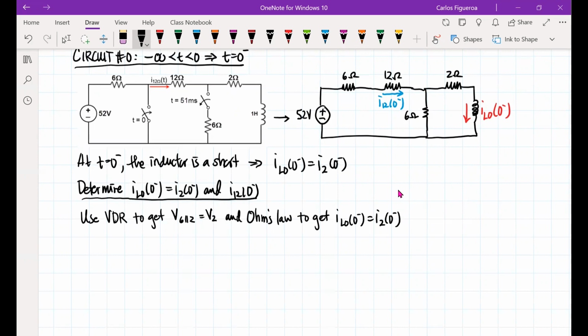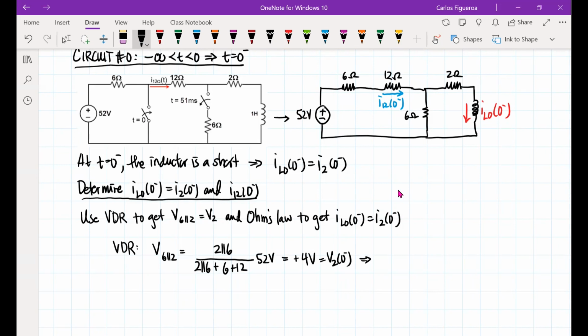So here we go. The first thing we're going to do is VDR, which tells me that the voltage between the 6 and the 2 in parallel is going to be 2 parallel to 6, but remember, this is series now, so this is going to be 6 plus 12. And this is going to get divided into 2 parallel to 6 times 52 volts. When I compute this, I get plus 4 volts, and that's the voltage of the 2 ohm resistor.